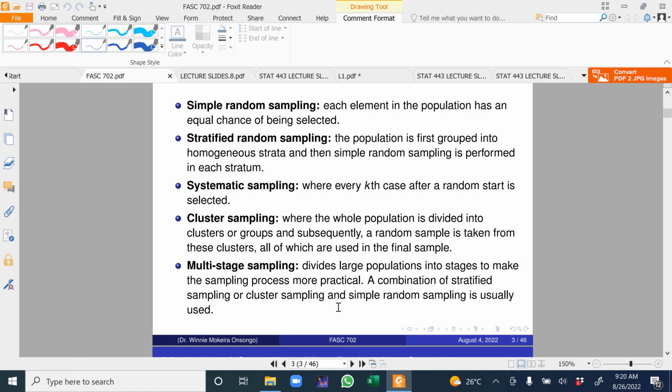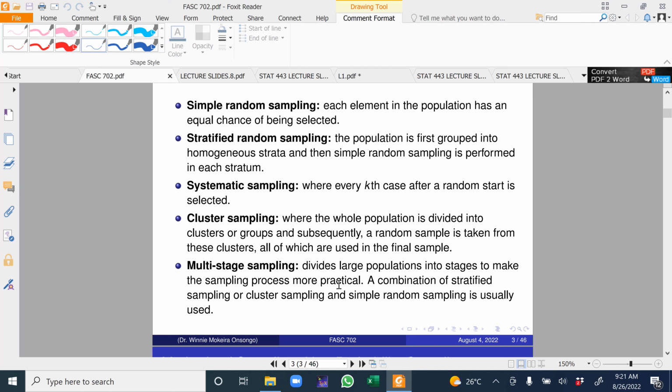So yes, an example of multi-stage sampling is, let's say, a scenario of malaria prevalence. So you have Ghana as a country. You divide it into groups, so regions.